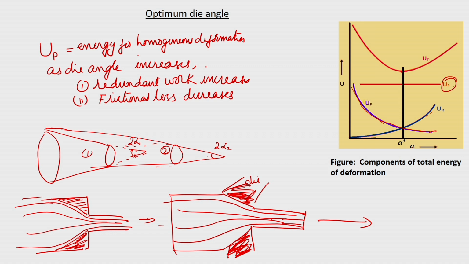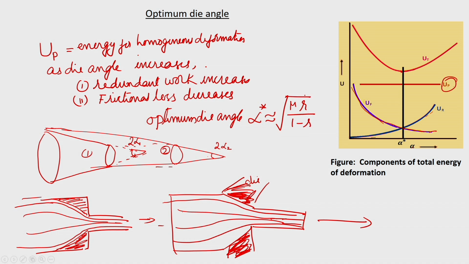A simple expression for obtaining the optimum die angle: alpha star is approximately equal to the square root of mu into reduction r divided by 1 minus r.